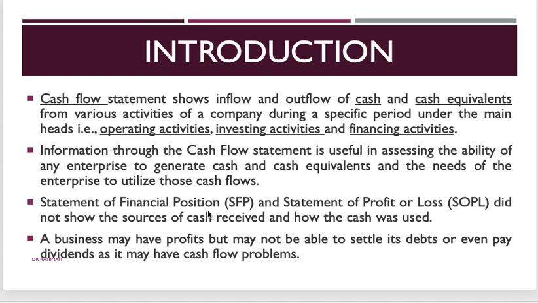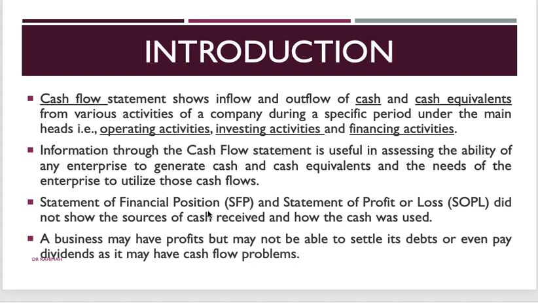Because sometimes a company that has a lot of profit does not necessarily have extra cash, because the preparation of the SOPL and the cash flow are different. SOPL includes all the accruals and prepayments, as well as deduction of non-cash items such as depreciation, gain and loss: gain on disposal, gain on fair value, loss on disposal, loss on fair value.